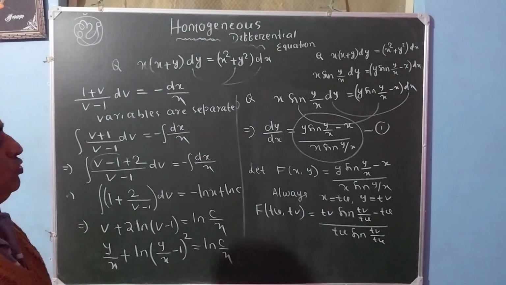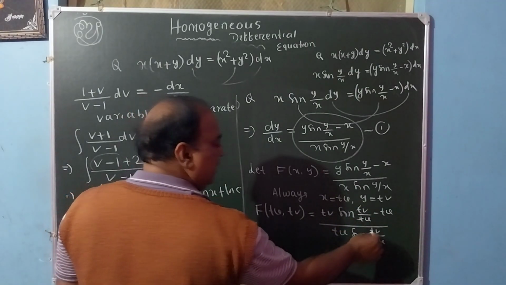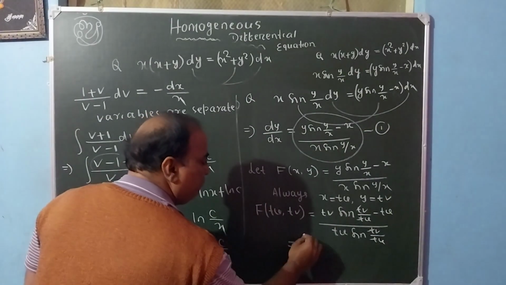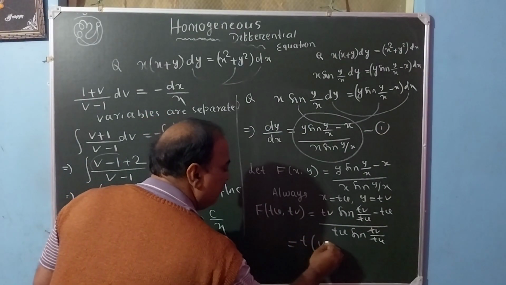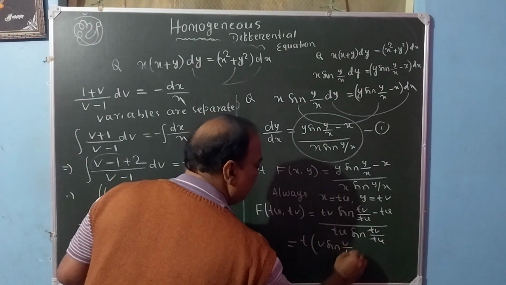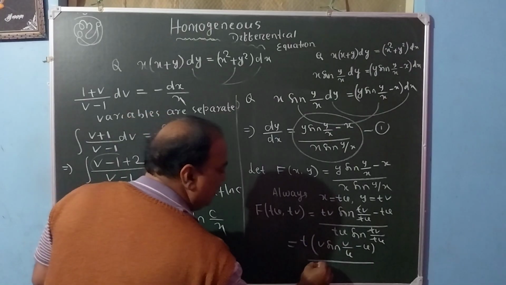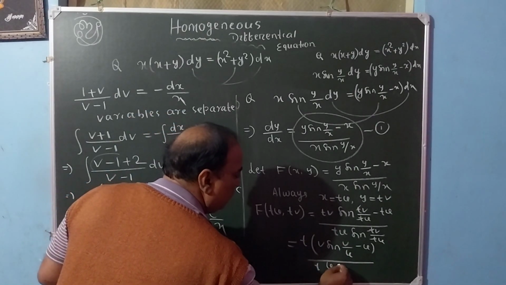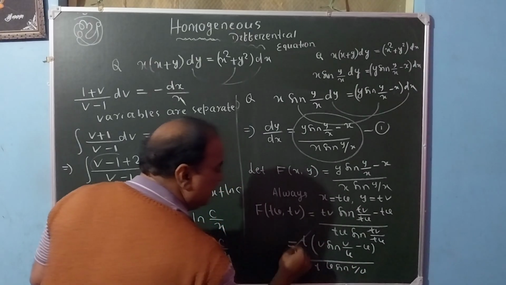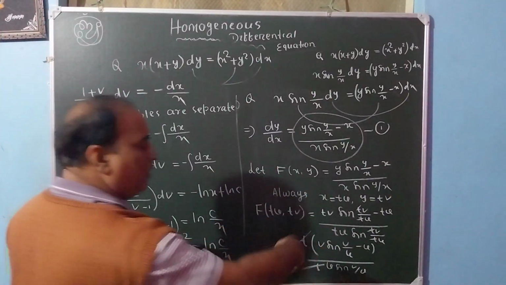Okay, so this t cancels with this t, taking t common: v sin v by u minus u divided by t u sin v by u. This t cancels with this t.